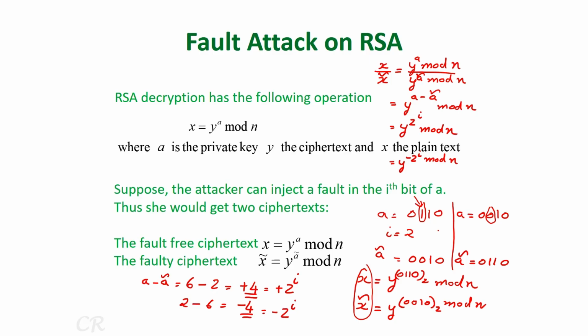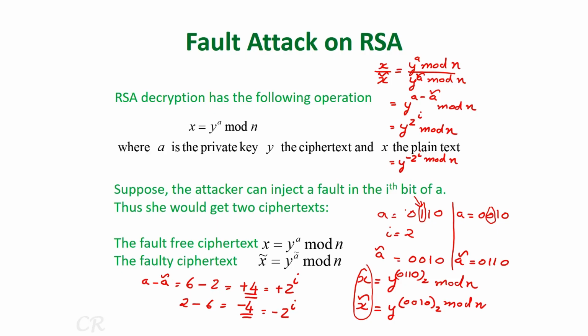Similarly, by injecting faults in every other bit, the attacker can slowly recover every bit of the secret key. So, what we see over here is that this attack is extremely easy to do, provided that the attacker is precisely able to inject a 1 bit fault in the secret key of the RSA.